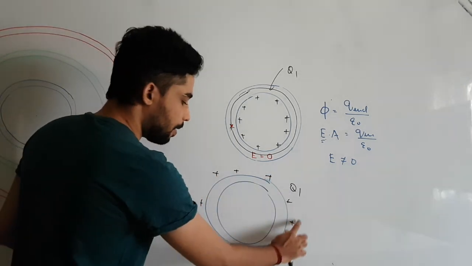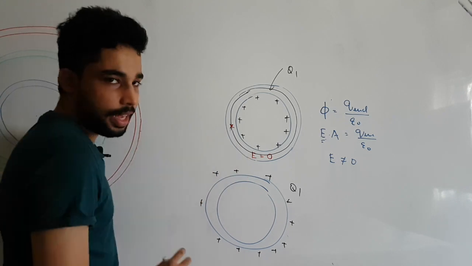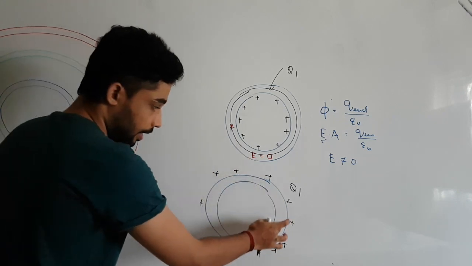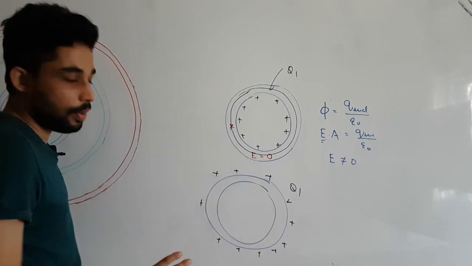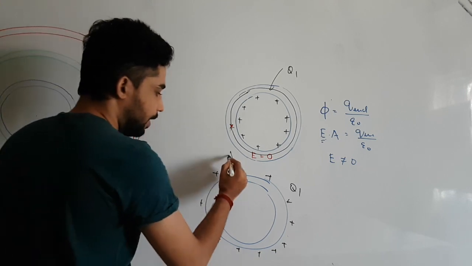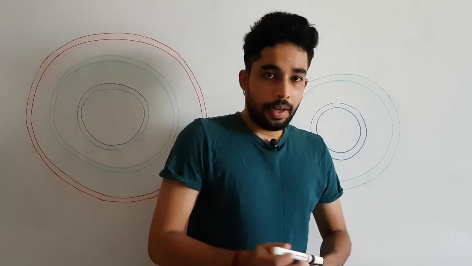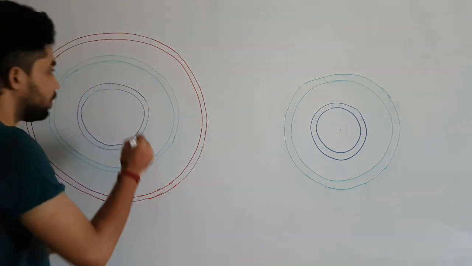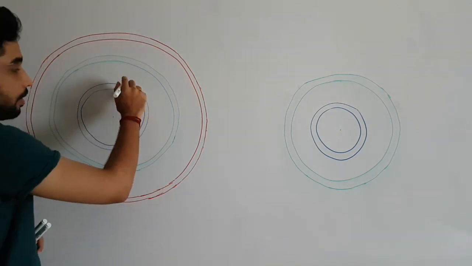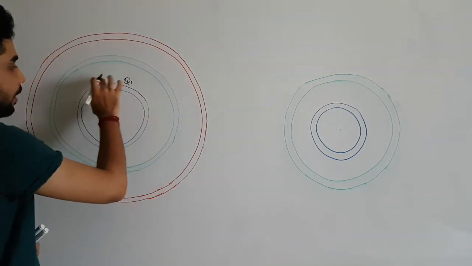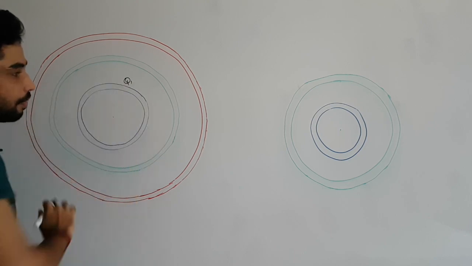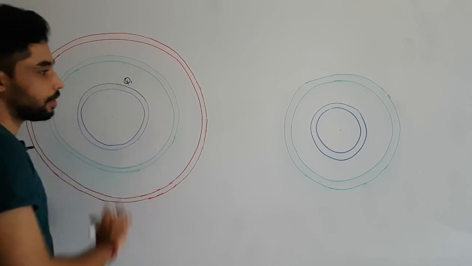All the charges come onto the outer surface such that inside the conductor the electric field is zero at all points, and the electric field lines go out in this way. So the charge Q1 given to the first shell gets reflected on its outer surface. The outer surface will have a charge of Q1.